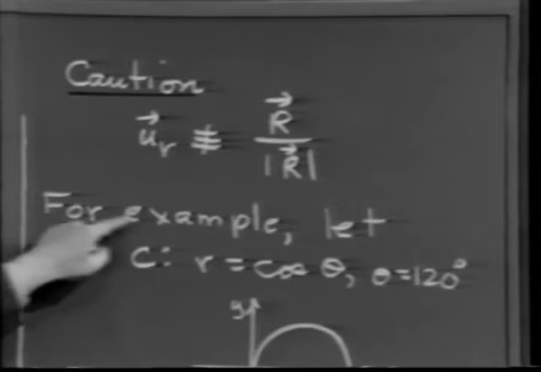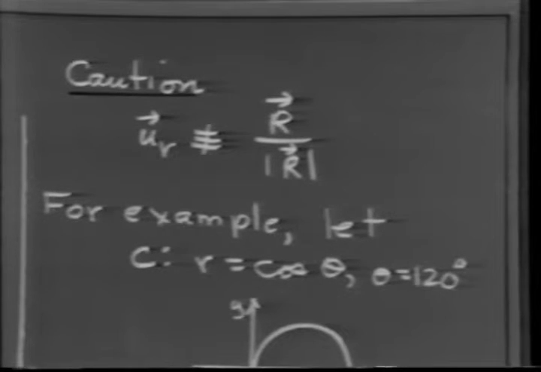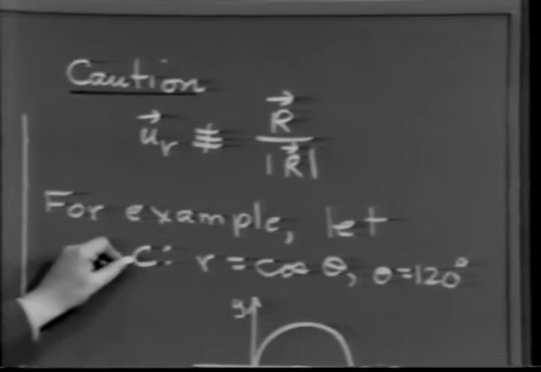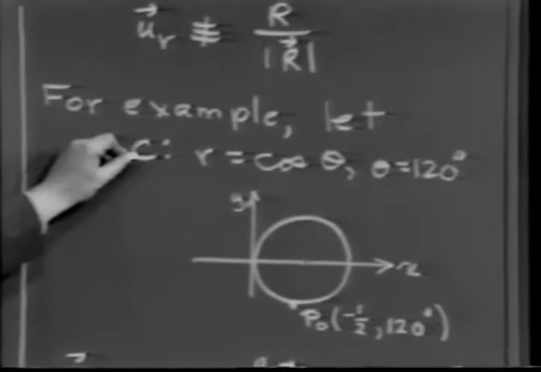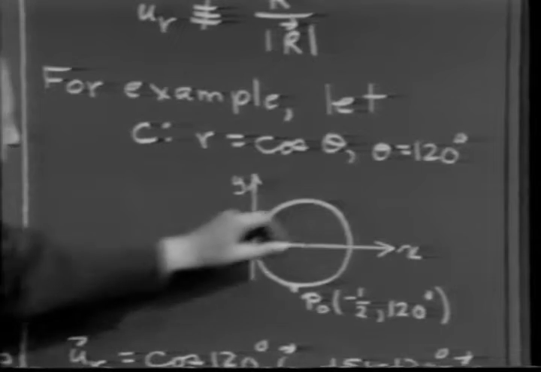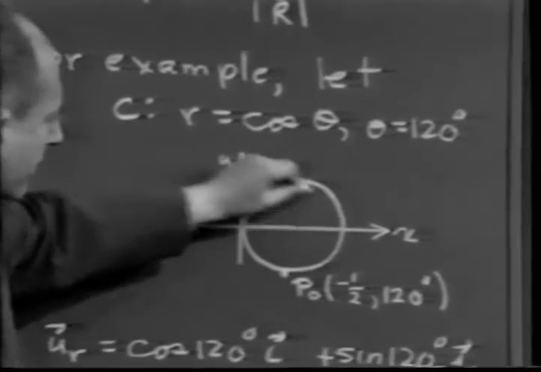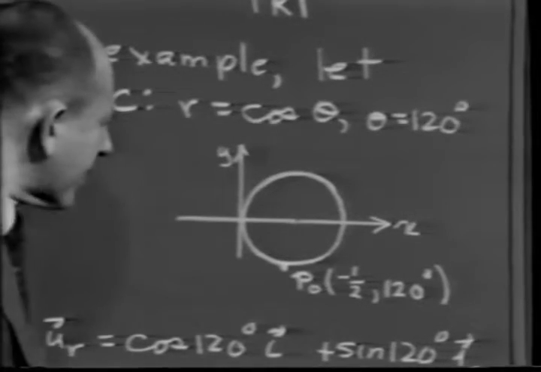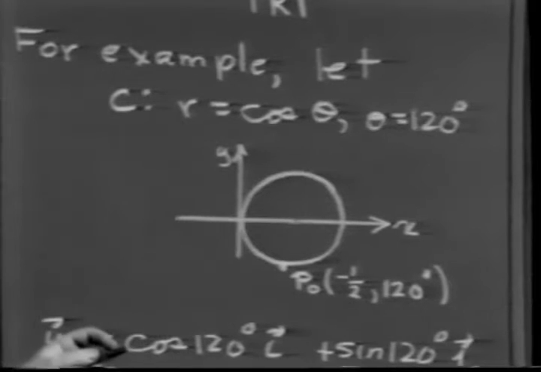Instead of talking about this abstractly, let me give you a concrete example. Let's take the curve which in polar coordinates has the equation r equals cosine theta. As you recall, this will be this particular circle here. Now, let's take theta to be 120 degrees.